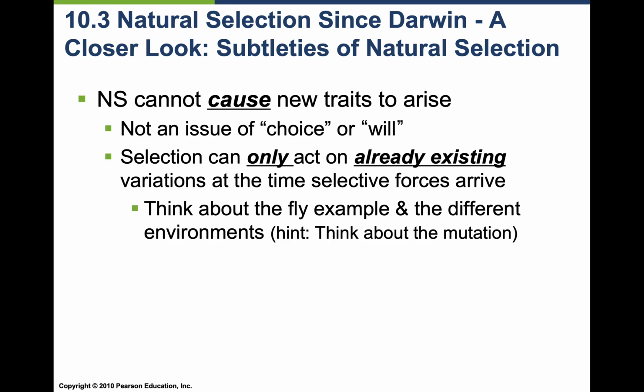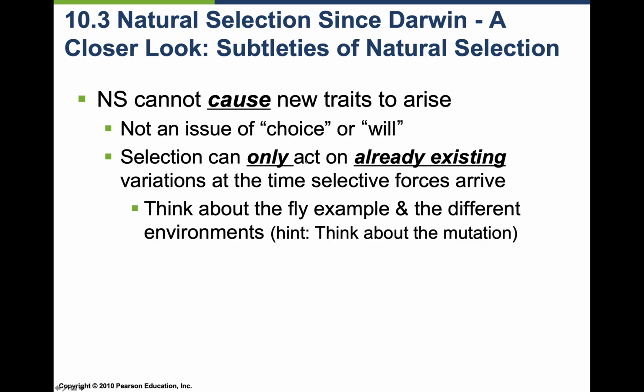Natural selection cannot cause new traits to arise or new traits to evolve. It's not an issue of choice or will, right? Like that fruit fly that gets thrown into an environment of high alcohol content can't just look to the heavens and say, I've got to be able to have the gene to metabolize alcohol. That gene was either there or not there.